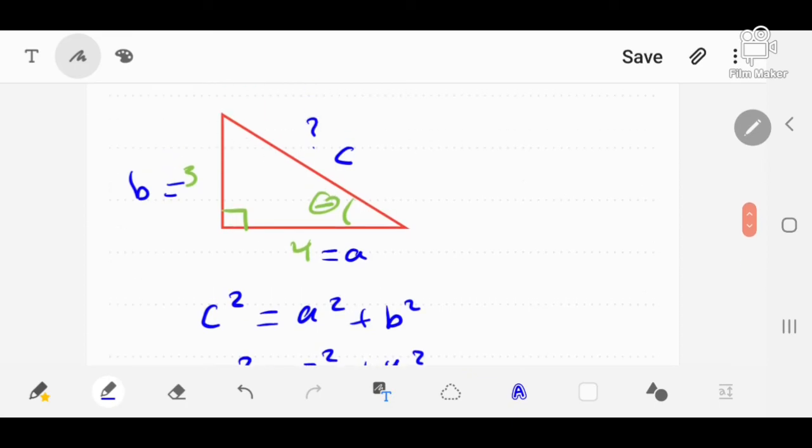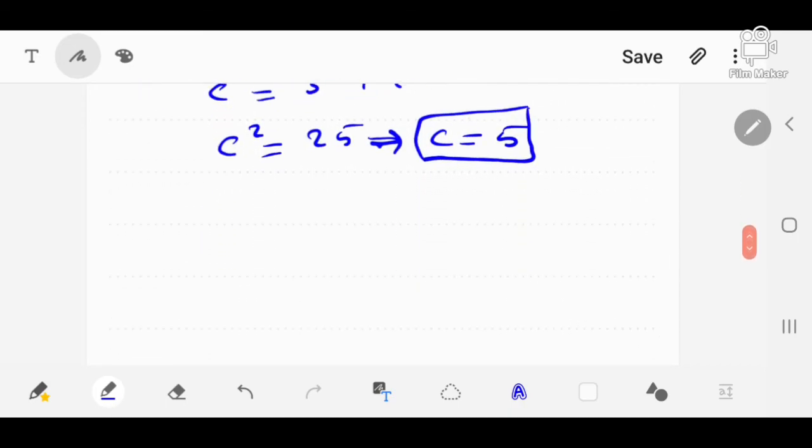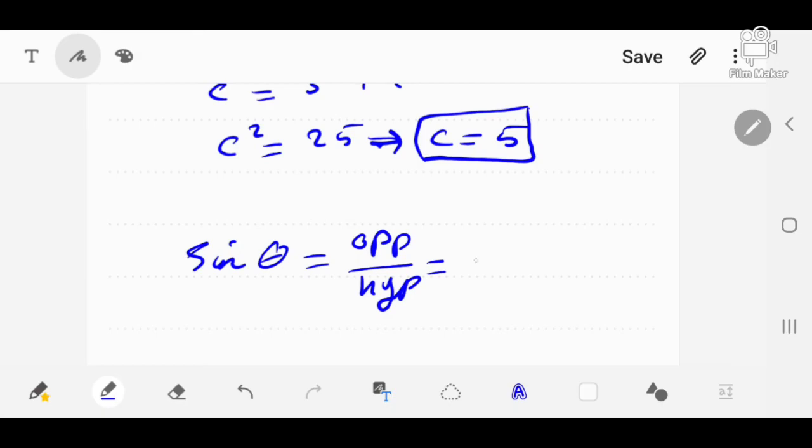Now, what is sine theta? As we said, it's opposite over hypotenuse, which means in this case, it's 3 over 5.